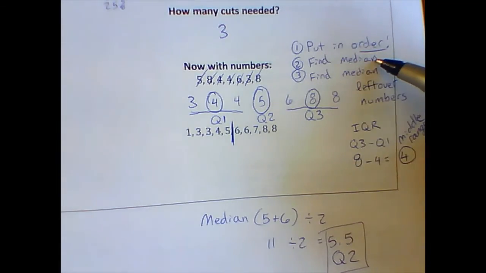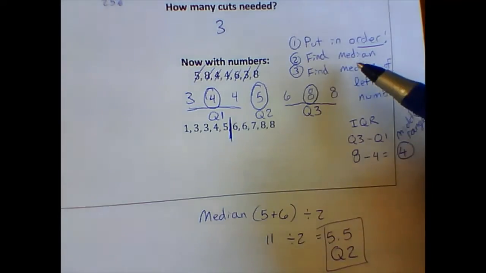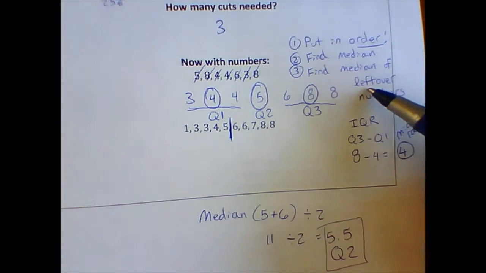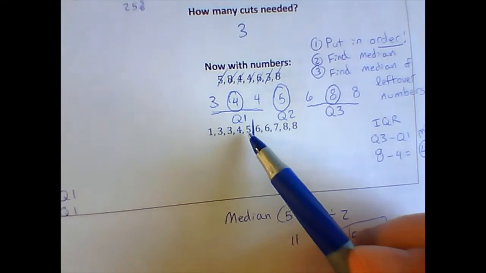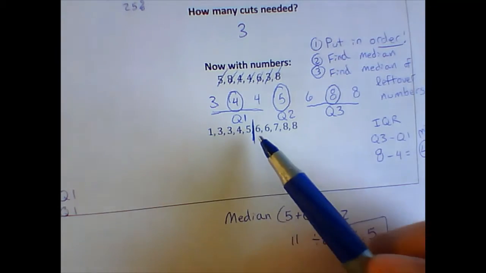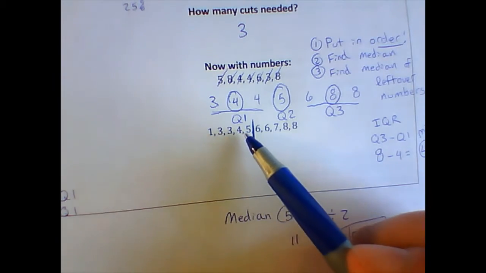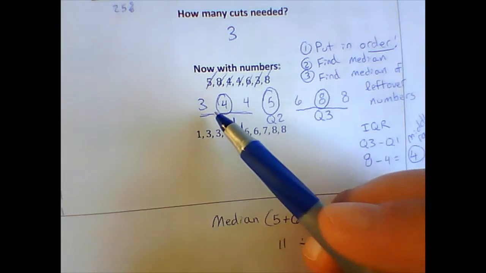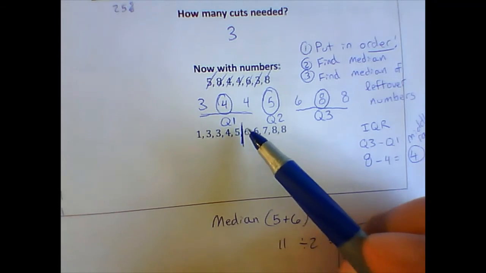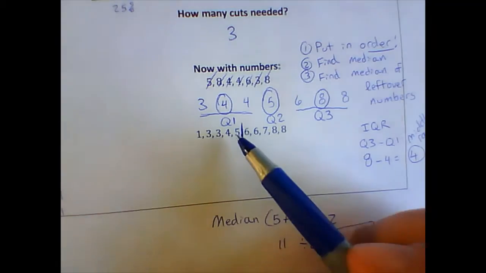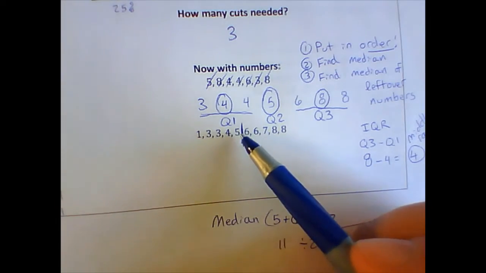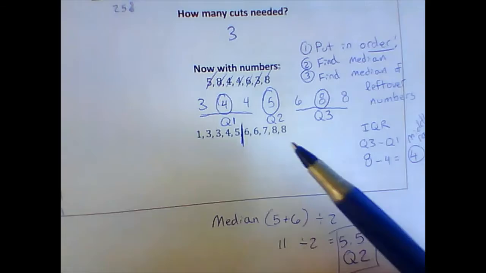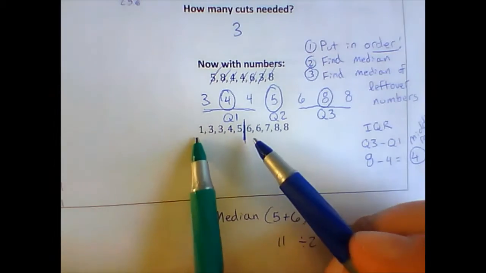So they were in order, we found the median, and now we're going to find the leftover numbers. We've got a lower group and an upper group. This time we are using the 5 because the 5 is not the median. The median is 5.5. So last time we didn't use that middle number, but this time that 5 isn't the median. It's still leftover. The median is 5.5.